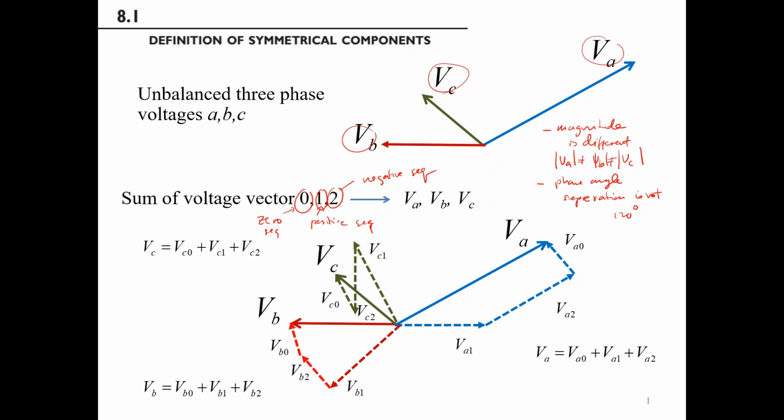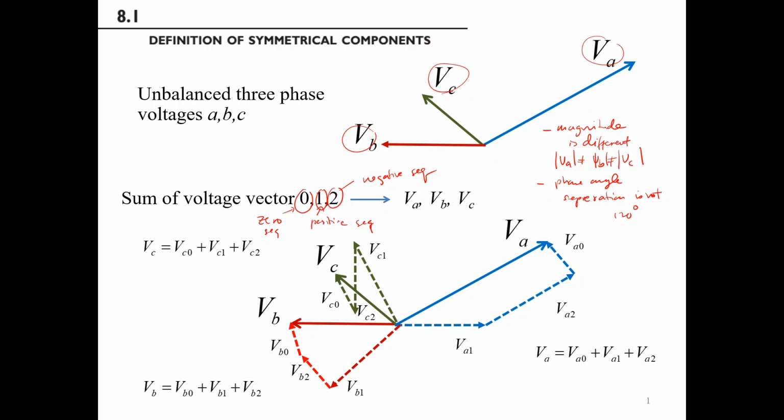So we will try to express VA, VB, VC in terms of VA0, VA1, VA2, for instance.